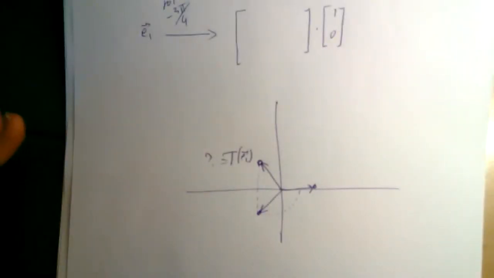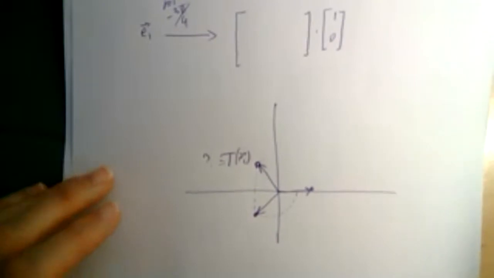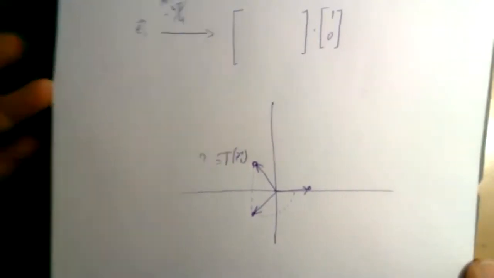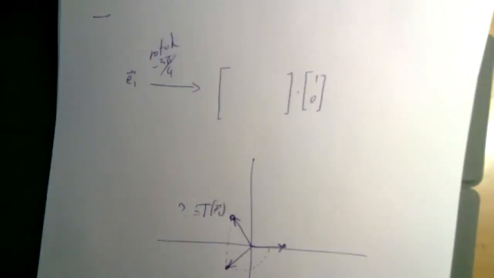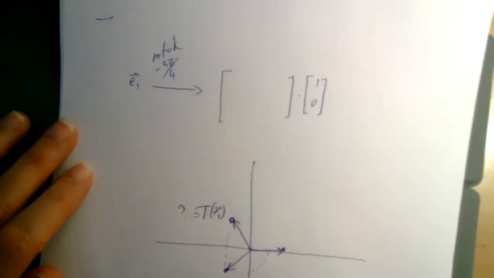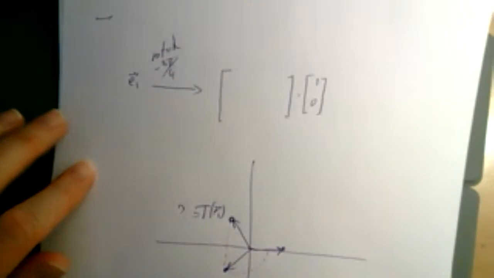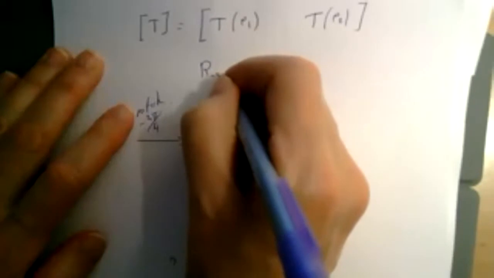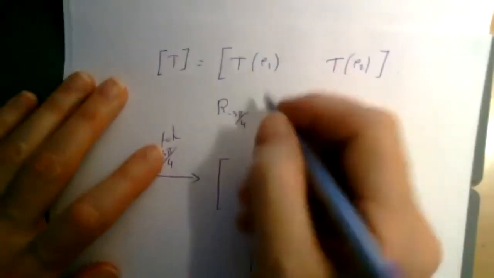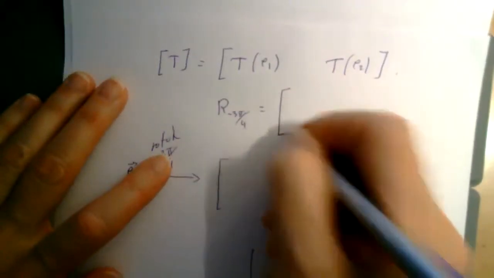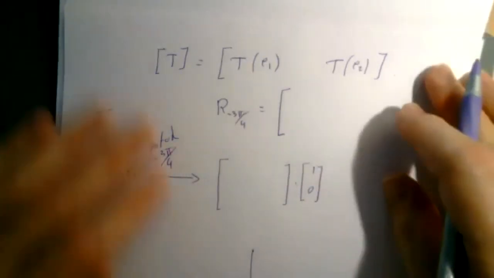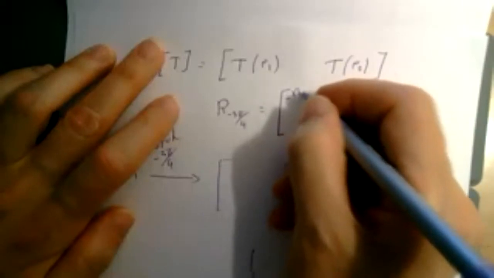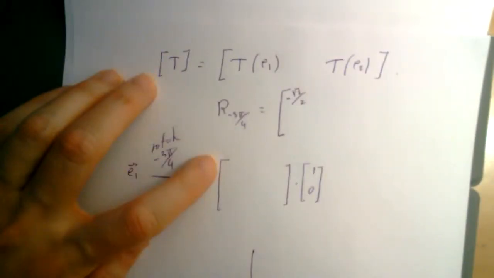We can sometimes just look at it and figure it out because these are easy angles, or we can do it without looking. To do it without looking, I need the rotation matrix. Now, minus 3 pi over 4, what's going to be the rotation matrix? The cosine of minus 3 pi over 4 is going to be minus the square root of 2 over 2.